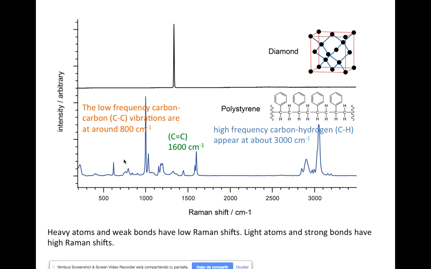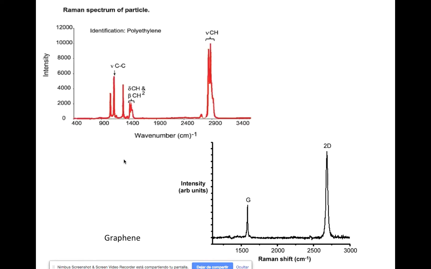So this technique is also quite useful. If you have a particle of polyethylene, you can see with Raman what kind of functional groups you have: around 3000 is the CH, and around 1000 is the carbon-carbon bond, and the CH and CH2.